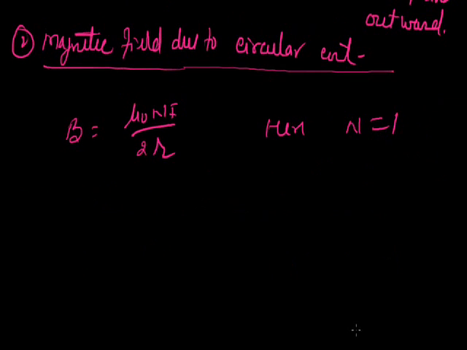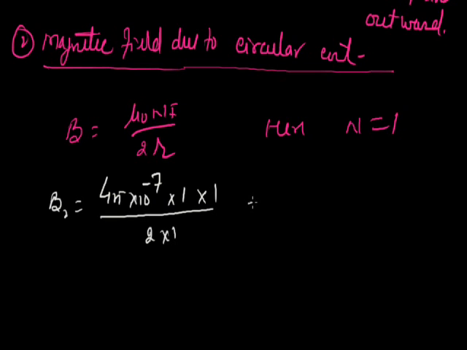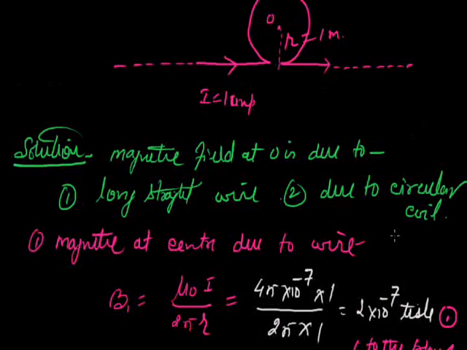All the quantities are given, so B2 will be 4 pi into 10 raised to the power minus 7 into number of turns 1 into current 1 upon 2 into 1, that's 2 pi into 10 raised to the power minus 7 Tesla. The direction of B2 is given by the same right hand thumb rule.